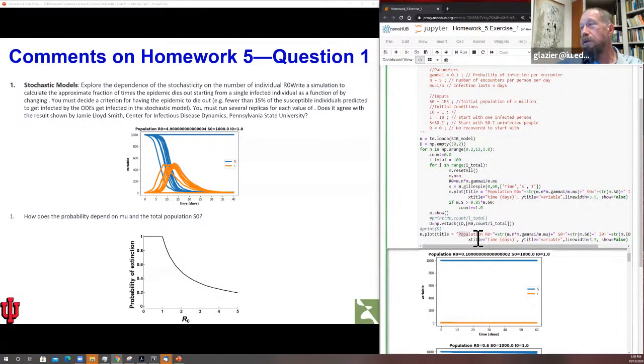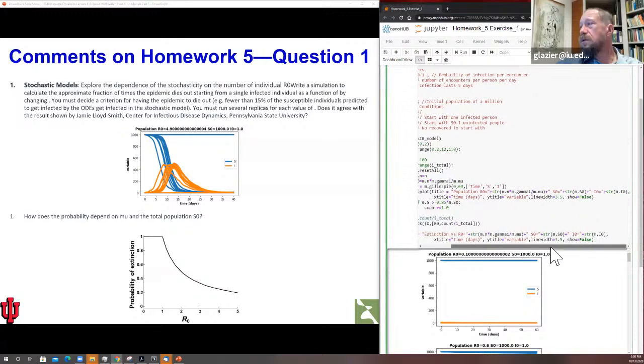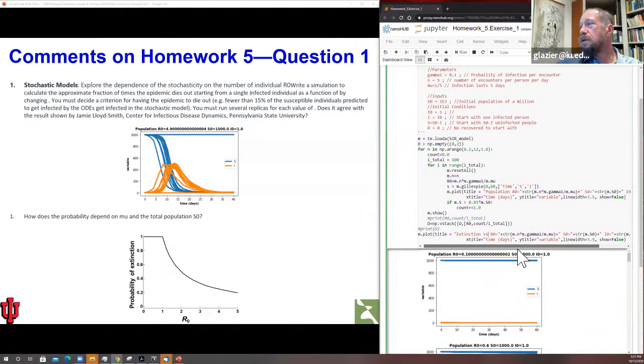This time I'm going to do extinction versus R naught. And I'm not going to make it show false, I'm going to make it show true.